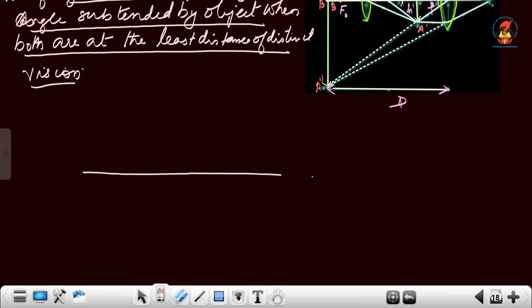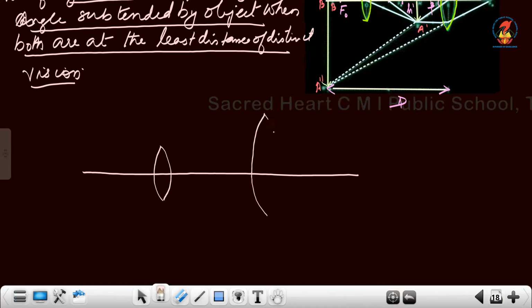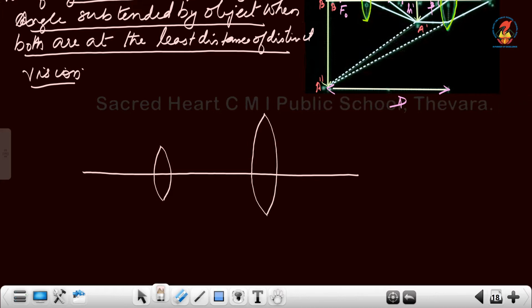So, this is our optic center, principal axis. Here is our objective of comparatively smaller aperture, and we have the eyepiece having comparatively larger focal length and large aperture.